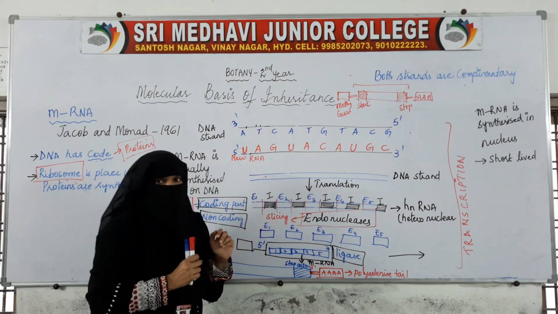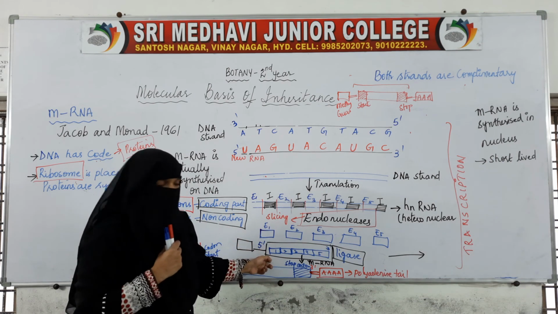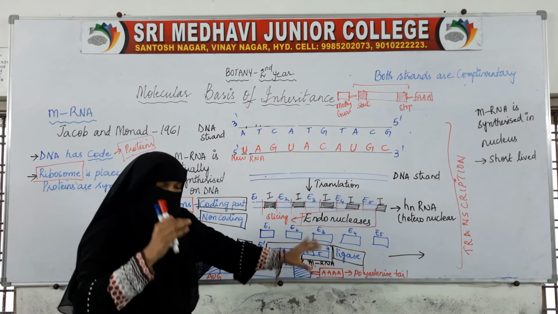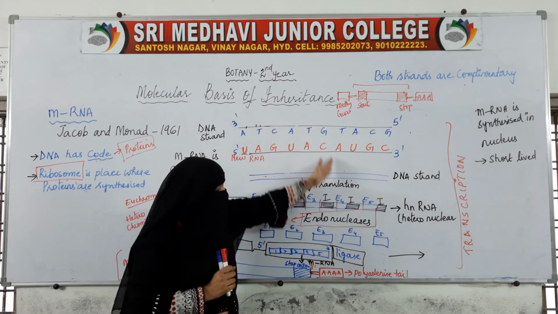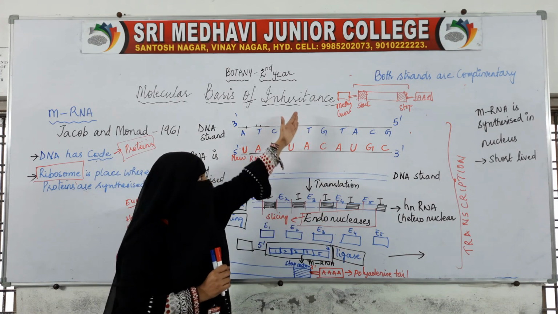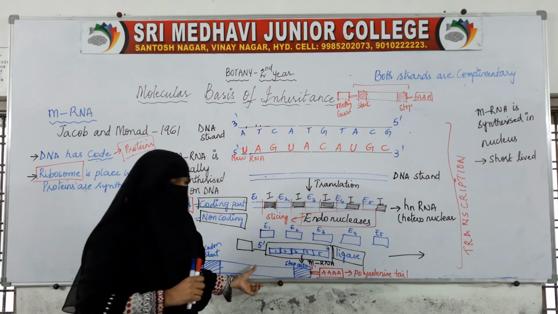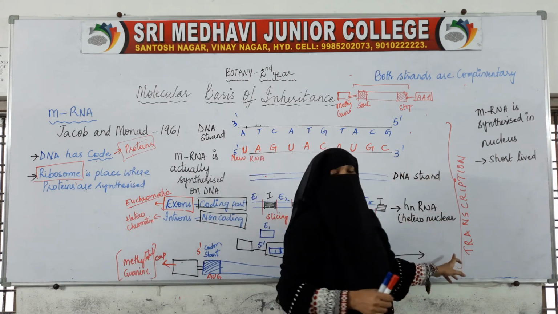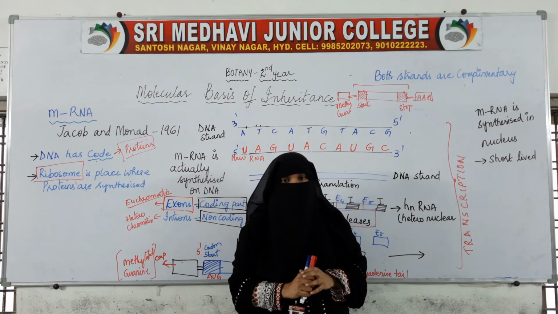So that is the mRNA. mRNA is highly unstable. To make it stable, we add the cap and the tail. Now this is the actual stable mRNA. So this whole process, from the DNA strand to making of new RNA to the formation of mRNA, is called transcription.